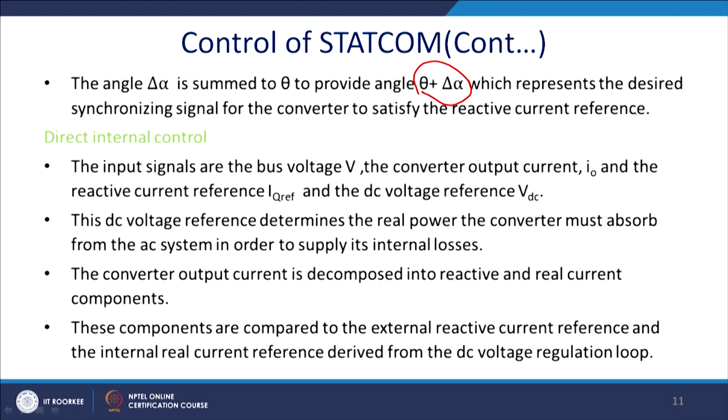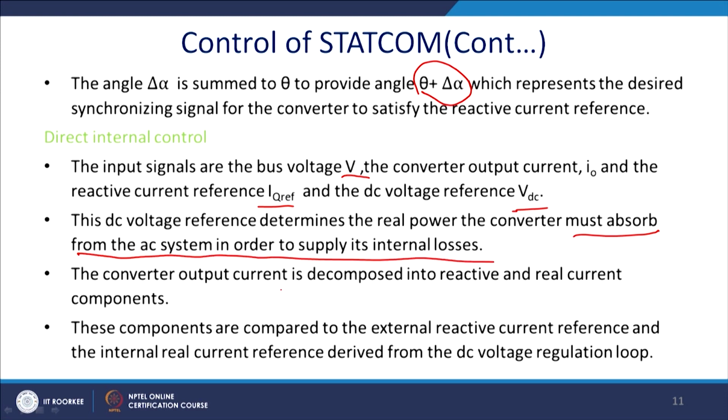The input signals are the bus voltage V, the converter output current I0, the reactive current reference IQ ref, and the DC reference voltage VDC. This DC voltage reference determines the real power that the converter must absorb from the AC system in order to supply its internal losses.